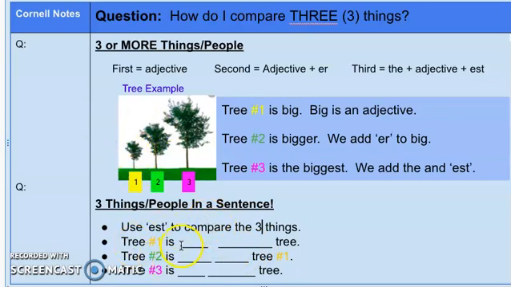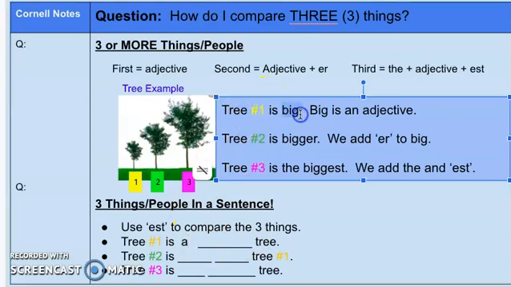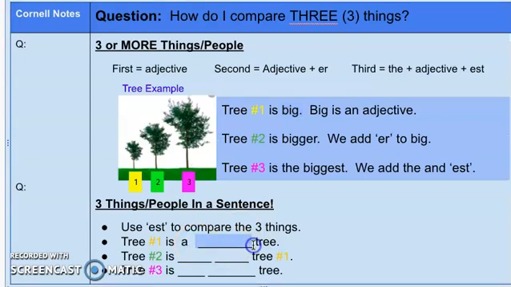Tree number 1 is, what are you going to write? Tree number 1 is a, what kind of tree? What did we say? Tree number 1 is a big tree. Good. So then what is tree number 2? Tree number 2 is a, what's the word? Bigger.